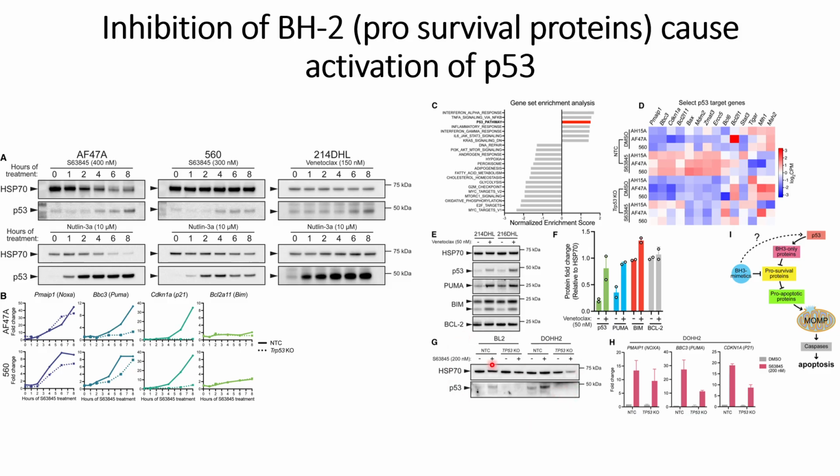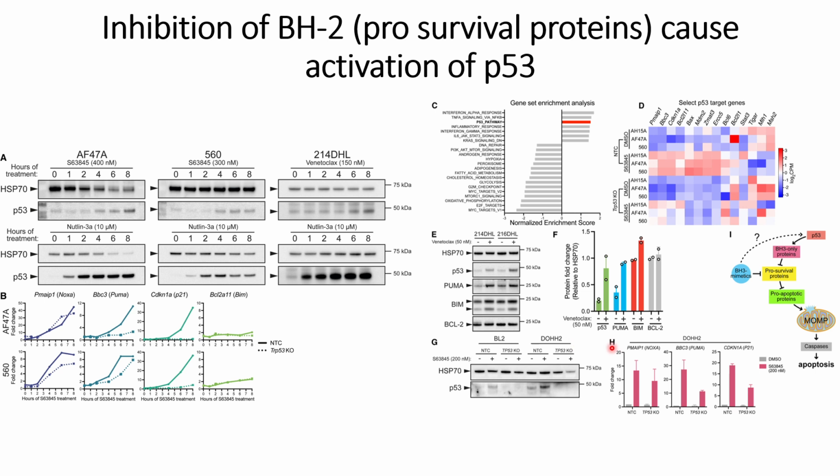These results are not on these cell lines, neither AF47A nor 214 DHL. They used a different cell line, DOHH2, which is quite similar to leukemia or blood cancer cell lines.